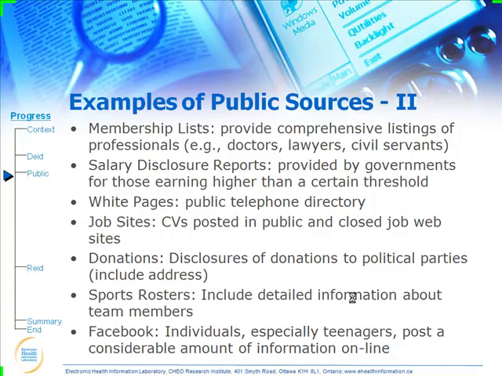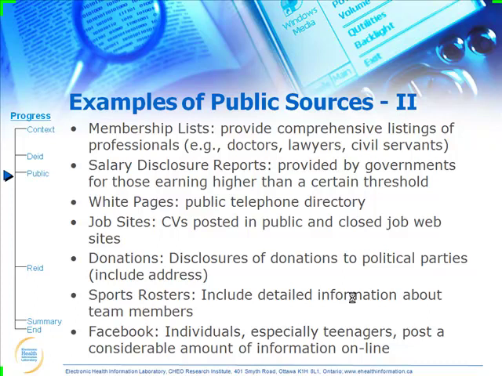Donation sites, for example, Elections Canada maintains lists of donations to political parties, which includes individual names and addresses. Sports rosters, especially for kids and teenagers, where very detailed information about the team members is included: their date of birth, their height, their weight, basically all their dimensions, and various other personal information.